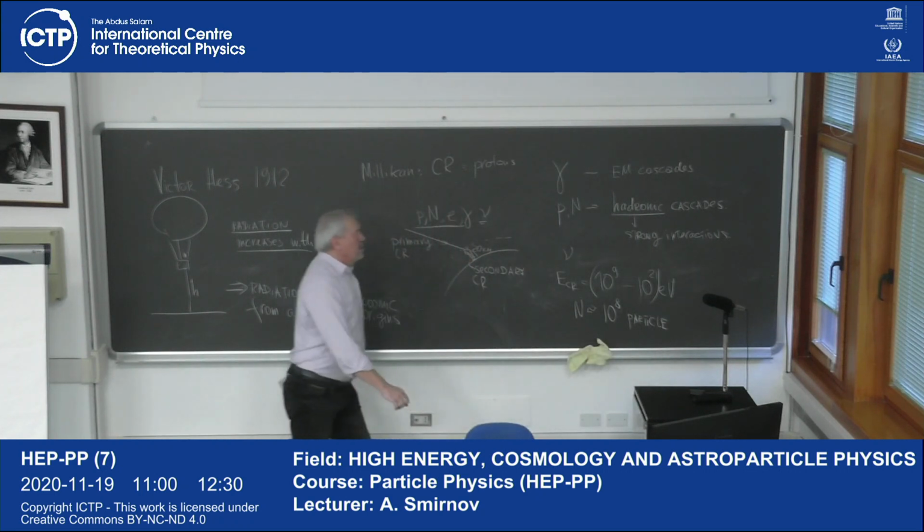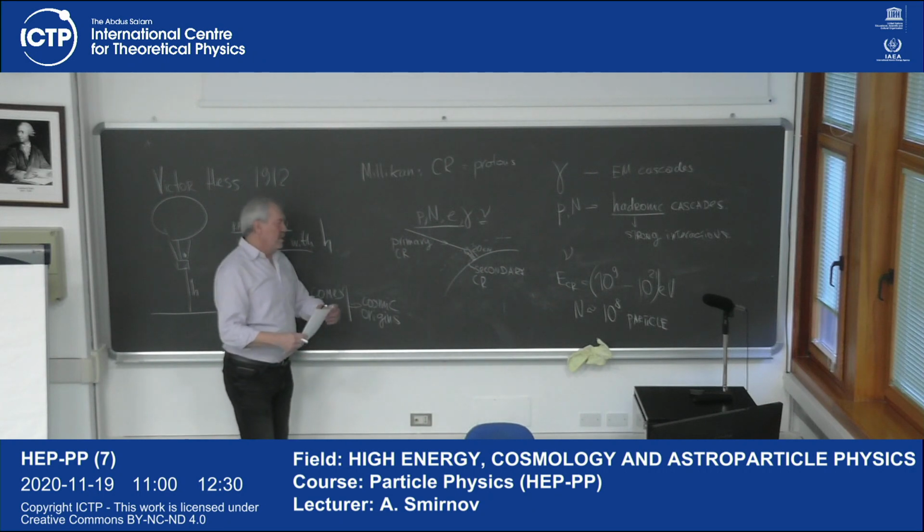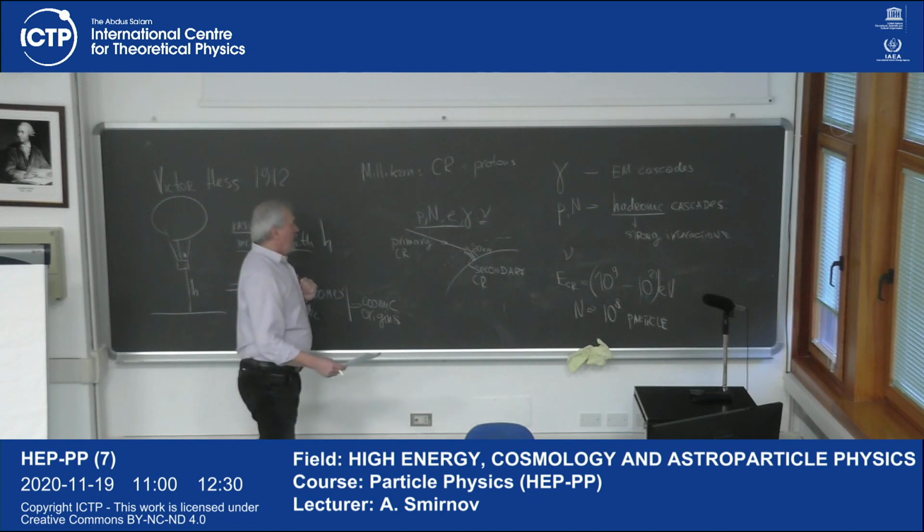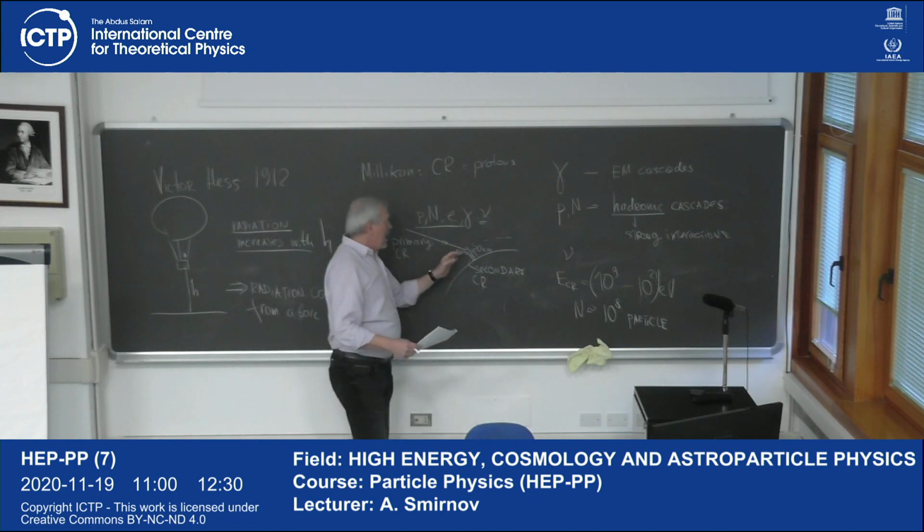Of course, there is an interesting question: what is really the origin, or the chemical composition, of these cosmic rays? There are protons, and there are nuclei of different types, from light to very heavy nuclei. We can measure this at low energies using satellites.